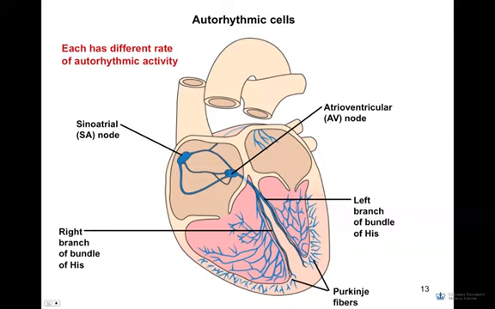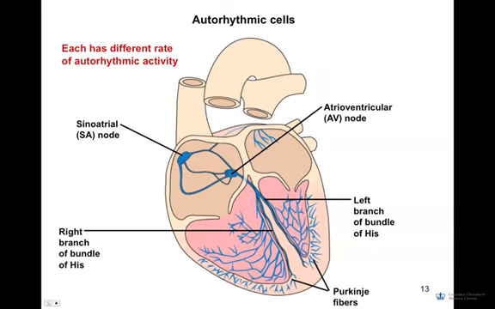So the left and right branches of the bundles of His that occupy this intraventricular septum are another group of autorhythmic cells. And they are connected to the ventricular muscle through a network of fibers called the Purkinje fibers. You can see these Purkinje fibers penetrate the right and left ventricular muscle. And so the action potential can spread very quickly to this muscle through these fibers.